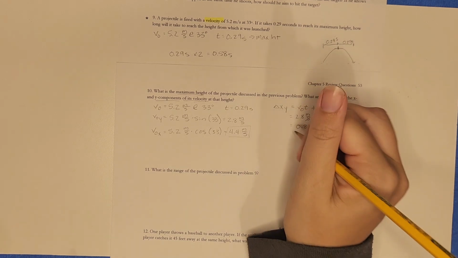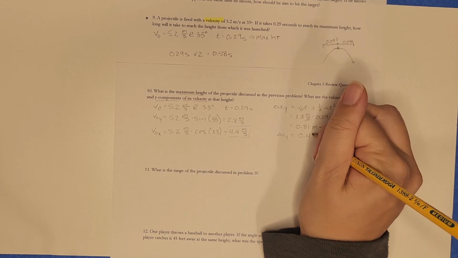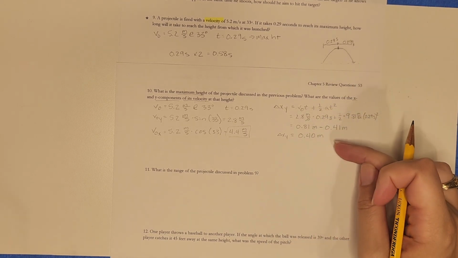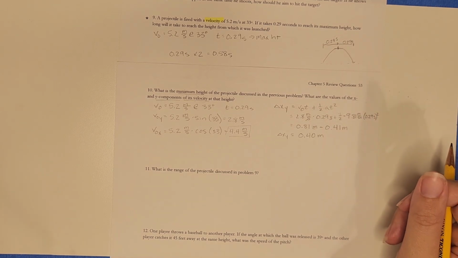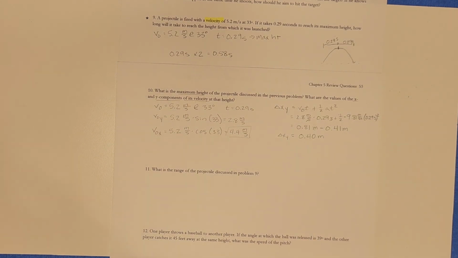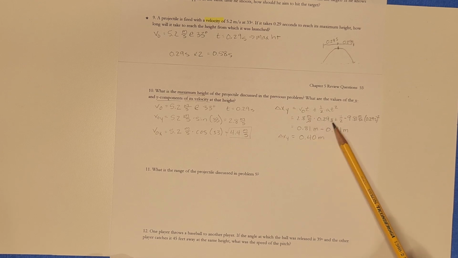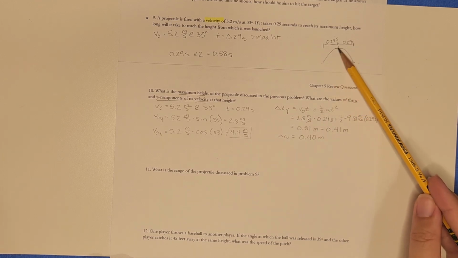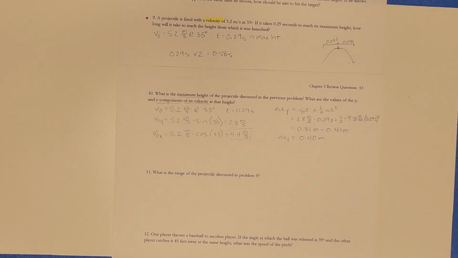Okay, and so my delta x for the y component equals 0.40 meters, and that is the height at the maximum height value of the flight of the projectile. And how we knew that is, we know 0.29 seconds is how long it takes. So using that acceleration and the initial velocity, at 0.29 seconds, that's the highest, and that is 0.40 meters displacement from the original launch site.